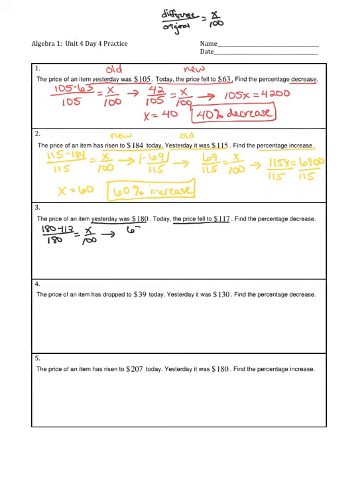So you have 63 over 180 equals x over 100. 6,300 equals 180x. Divide by 180. X equals 35. So 35% decrease.